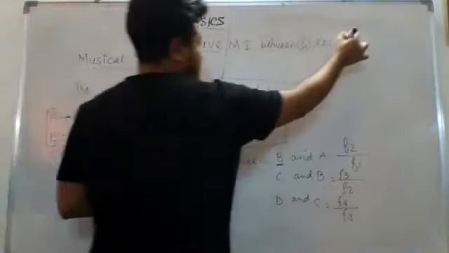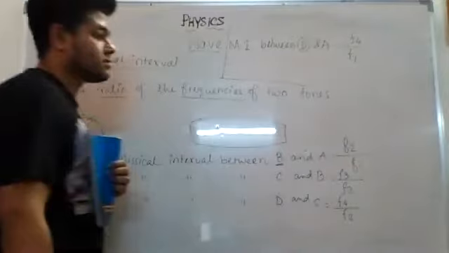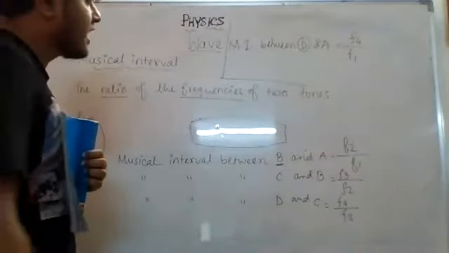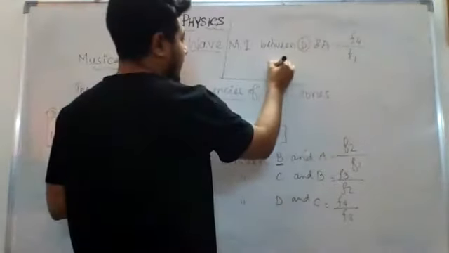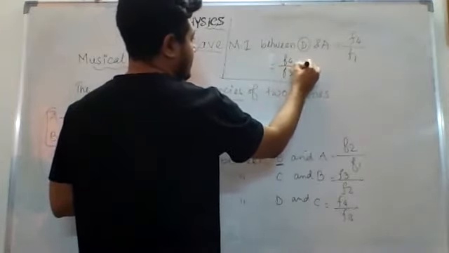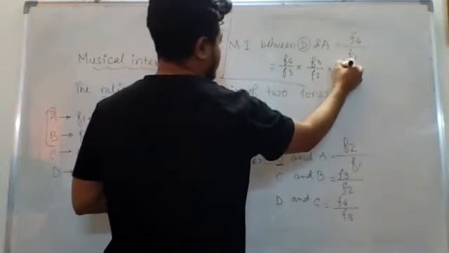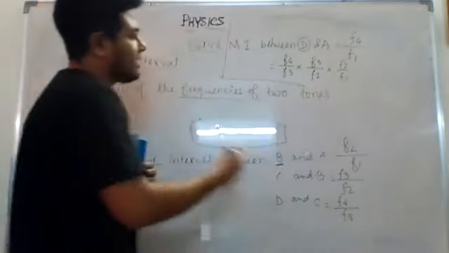F4, right? And A is F1. So F4 divided by F1. Now this F4 by F1, can I write it in this way? F4 by F3 into F3 by F2 into F2 by F1. Can I write it in this way?